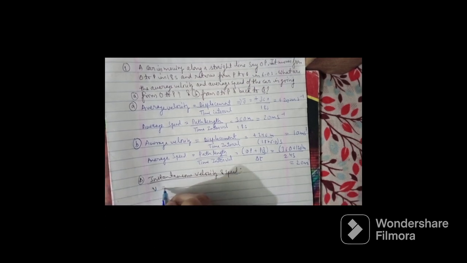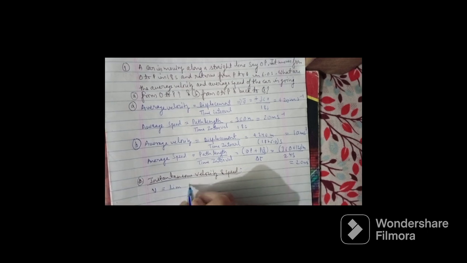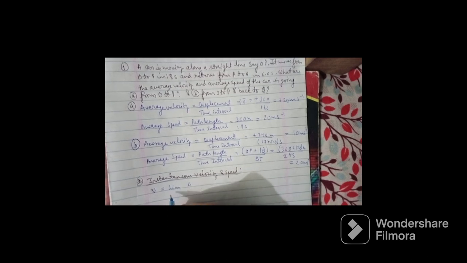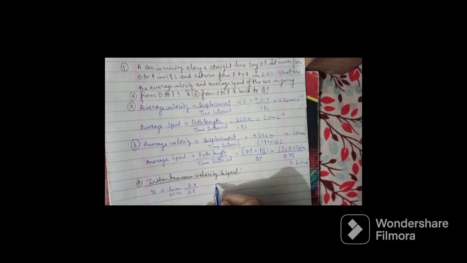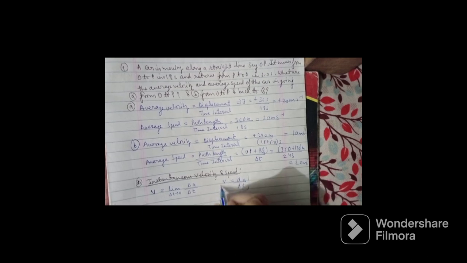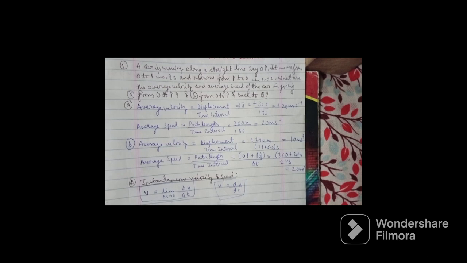In other words, it is denoted in the form v equals limit delta t tends to 0 of delta x upon delta t, and in the same way v equals dx upon dt. That is what we have here.